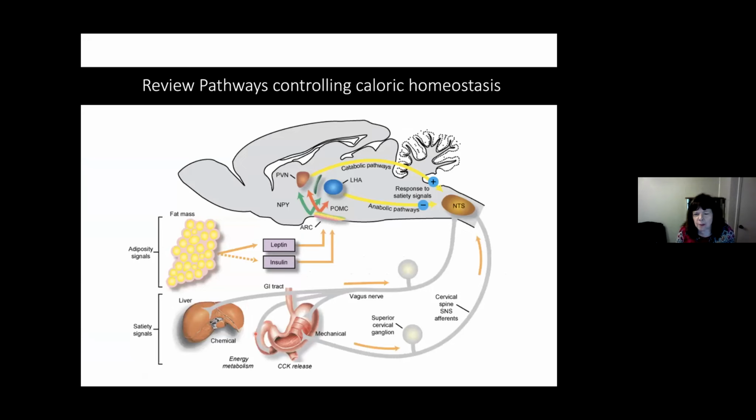So these are all the pathways I talked about. And I just want to impress upon you the fact that it isn't just leptin, it's coming from a variety of sources. And this just kind of summarizes. So you've got CCK, you've got mechanical stretch receptors. These are signals through the vagus nerve, through the nucleus tractus solitarius.